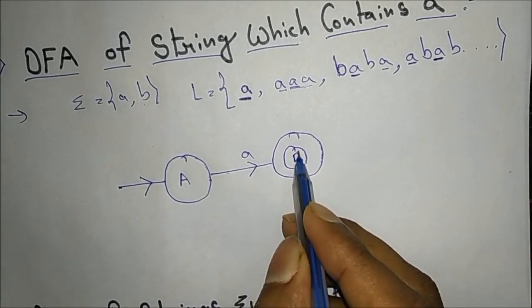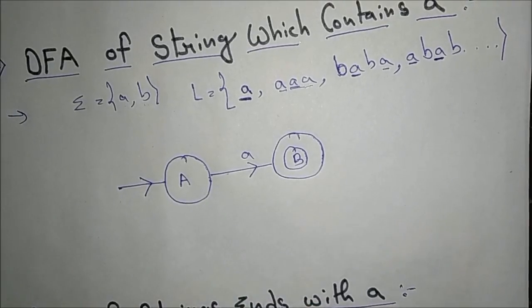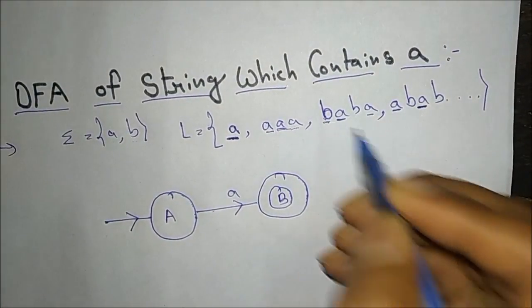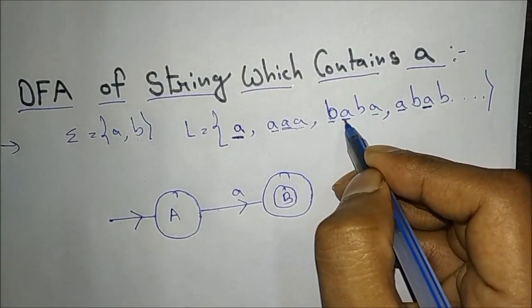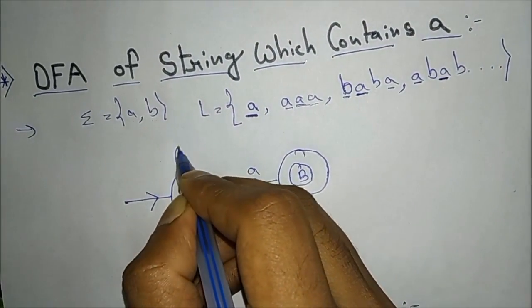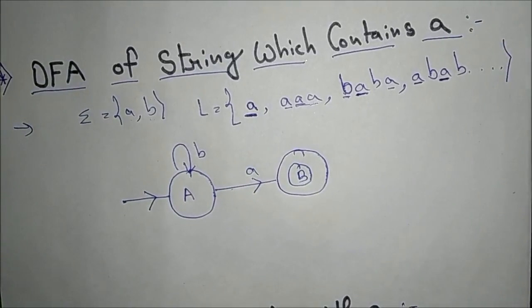After seeing A, it is accepting, but for the A state I have to show the transition on B as well.